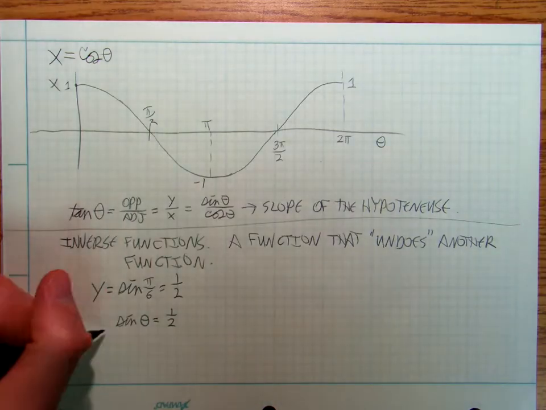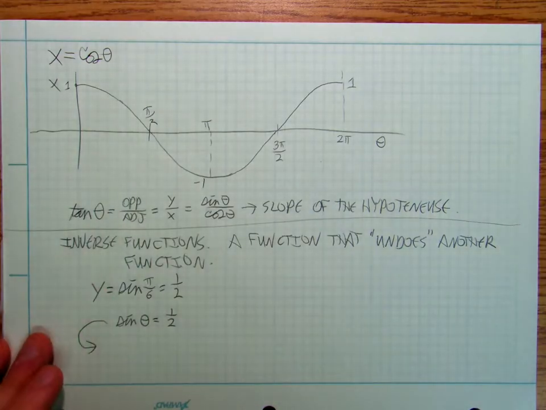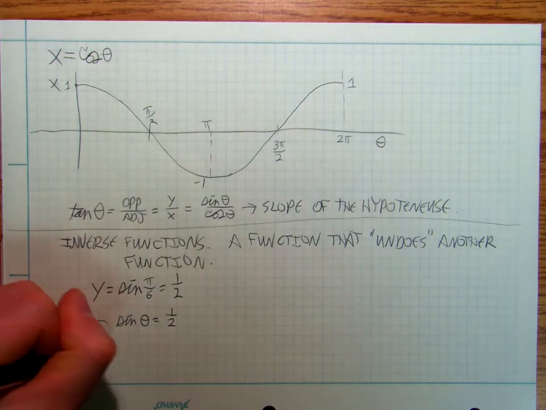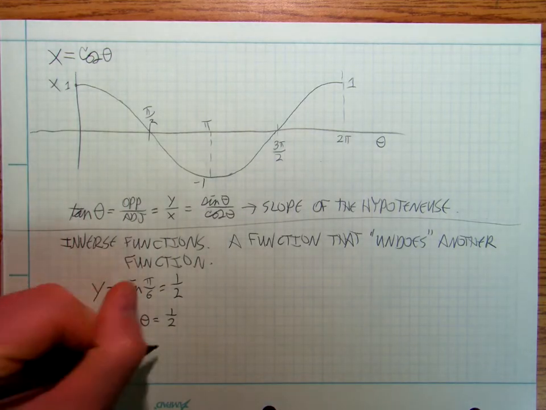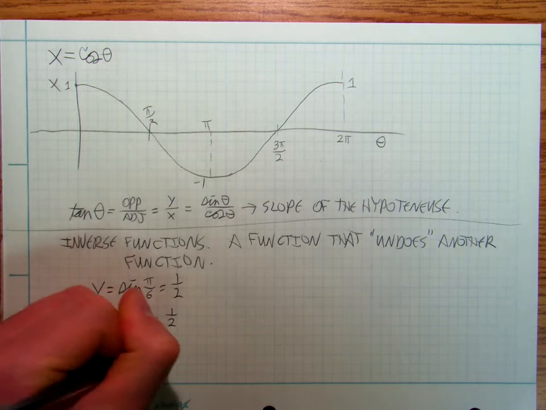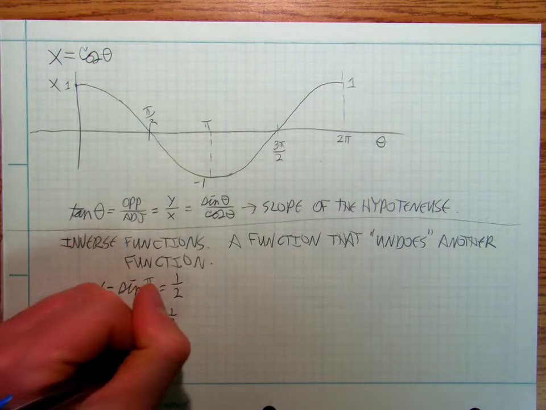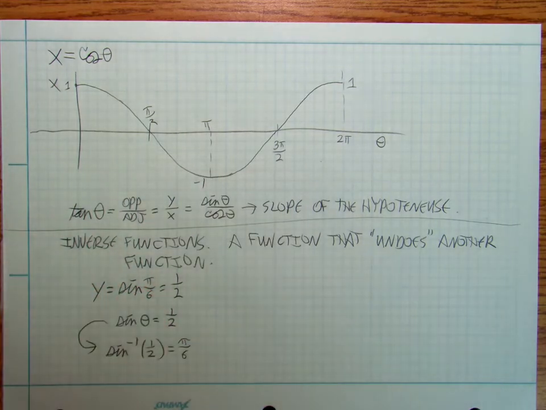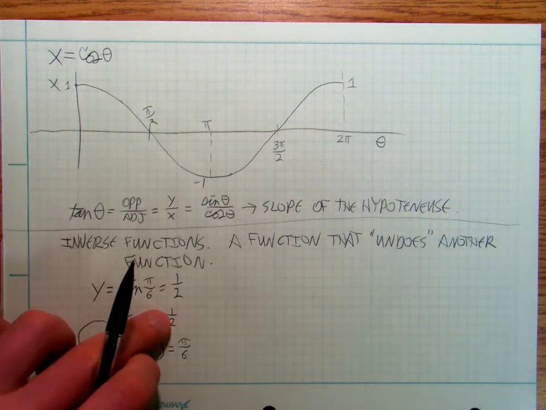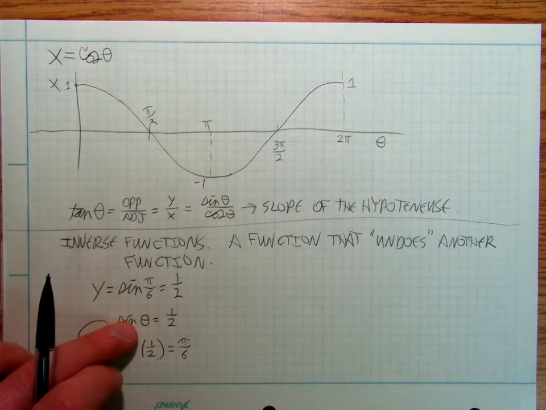So how we rewrite that as an inverse function is we say the sine inverse of 1/2 is equal to pi over 6. So sine inverse or inverse sine is the way that you go from the ratio of two sides to an angle.